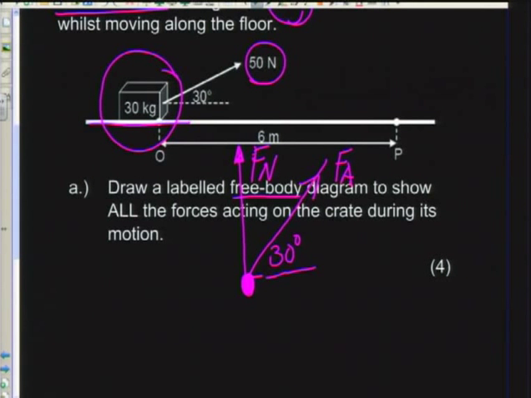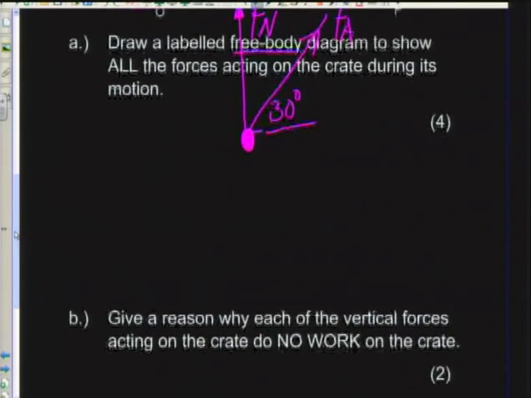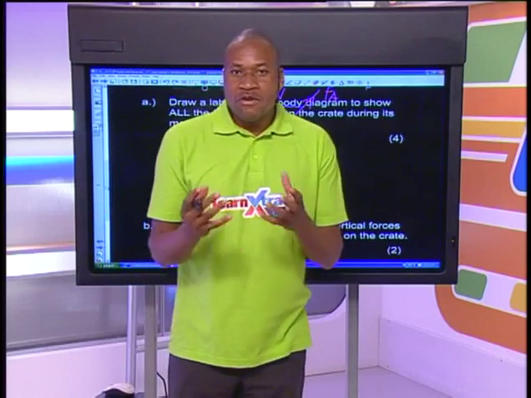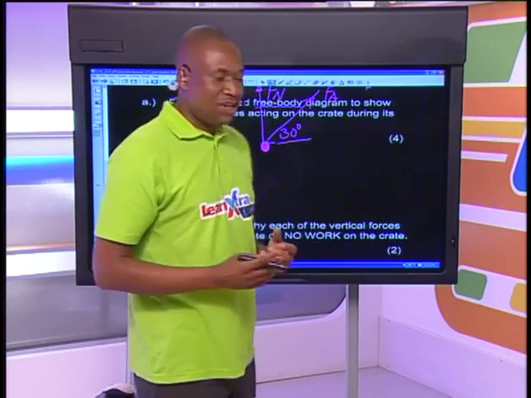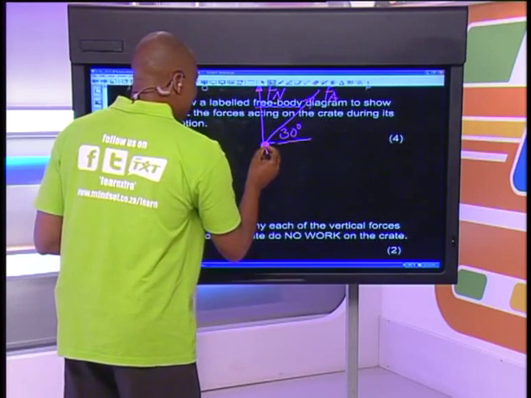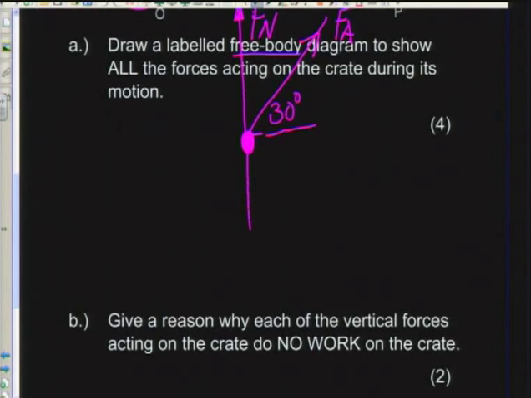Now, apart from the normal force, everyone should get this one right: the force of gravity on that crate. But I need to draw it in such a way that the two are of the same magnitude.